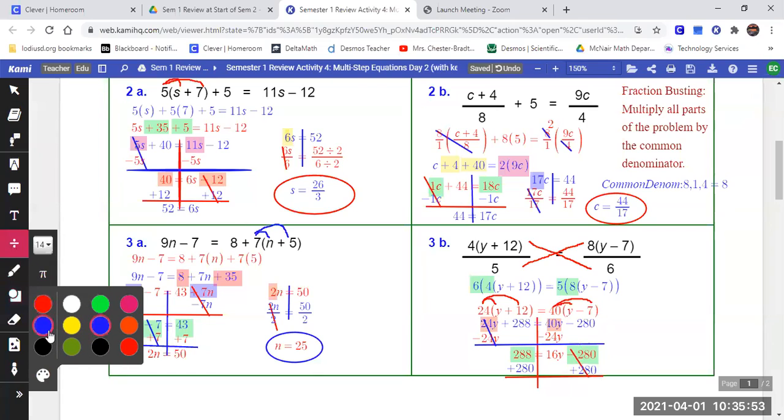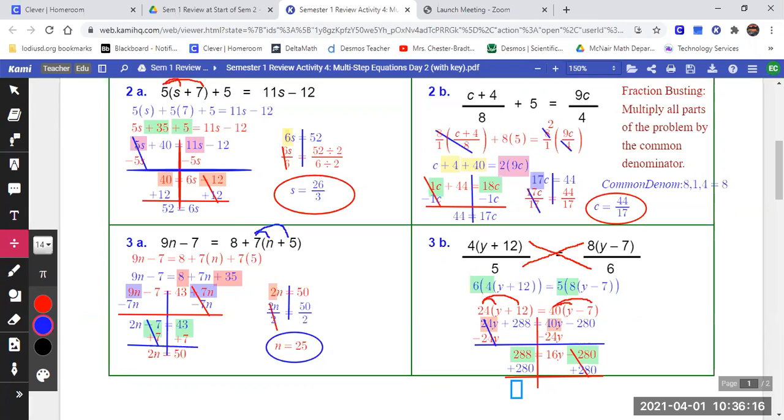What's the left side going to be? 288 plus 280. What's that? You guys have calculators? What's 288 plus 280?